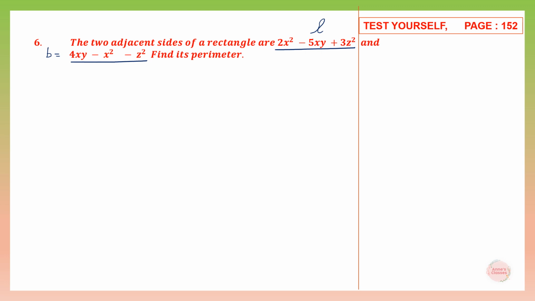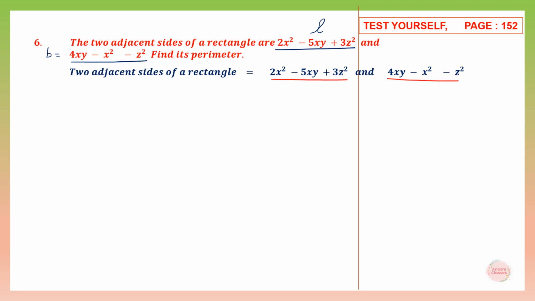Now to find the perimeter. So first let's write the two adjacent sides given to us. This is the first side and this is the second side. Then the formula to find the perimeter of a rectangle is 2 into length plus breadth. That means we have to find the sum of the length and the breadth and multiply it by 2.